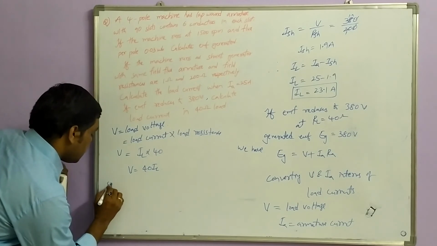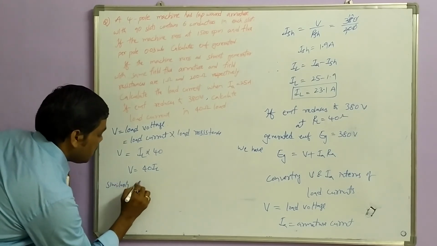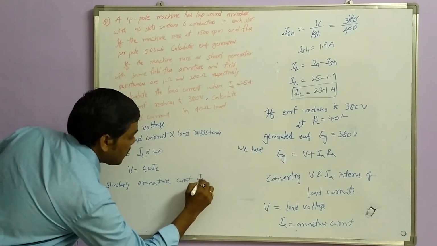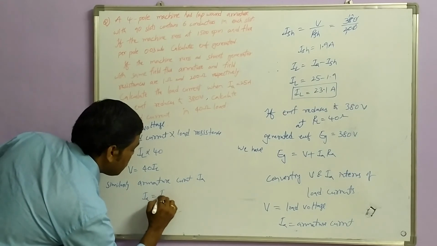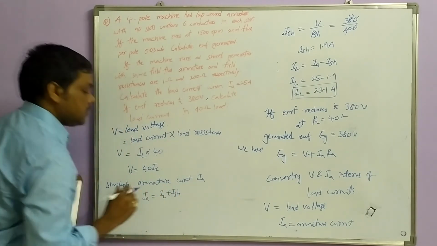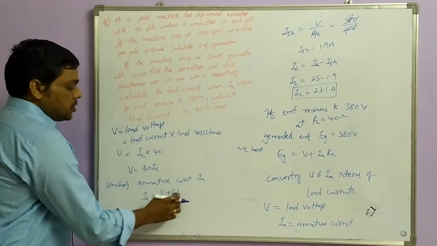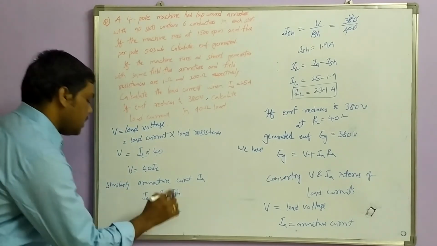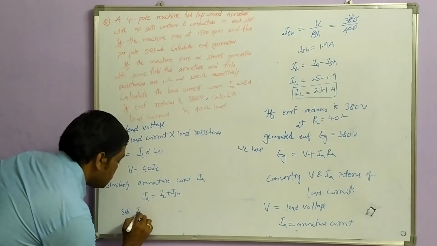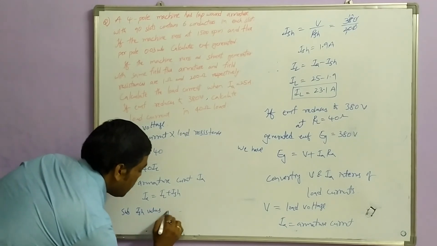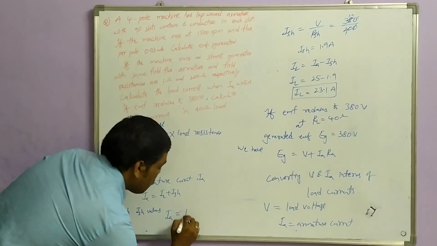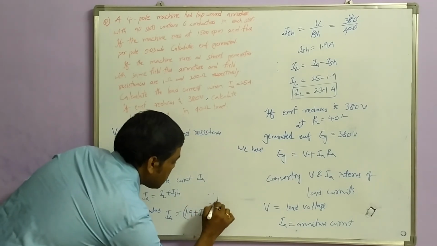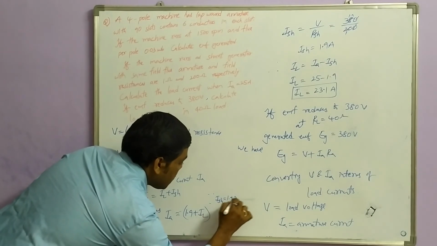Similarly armature current Ia is equal to IL plus ISH. But shunt current, we have already calculated, which is equal to 1.9. So substituting ISH value, Ia is equal to 1.9 plus IL, since ISH is 1.9 amperes.